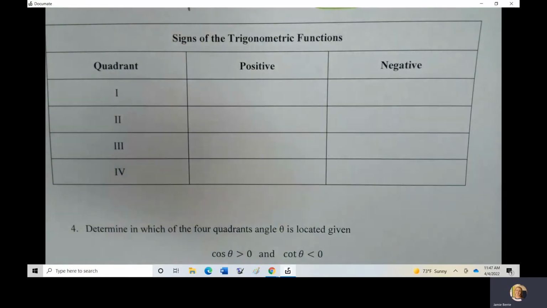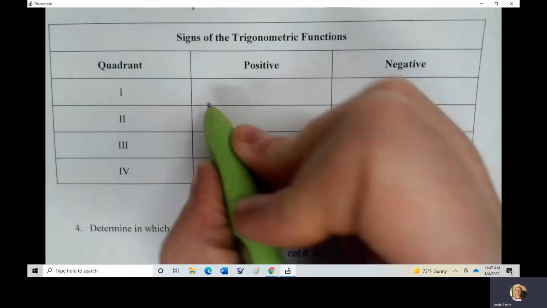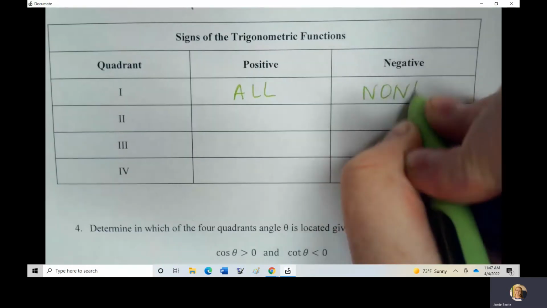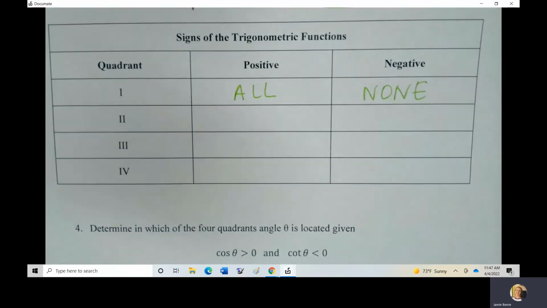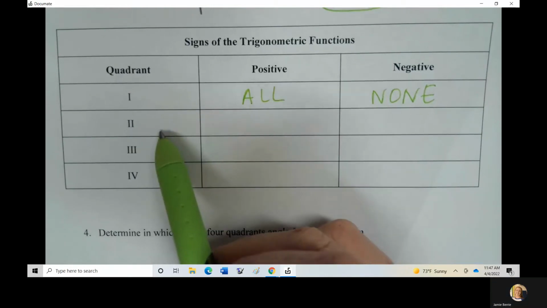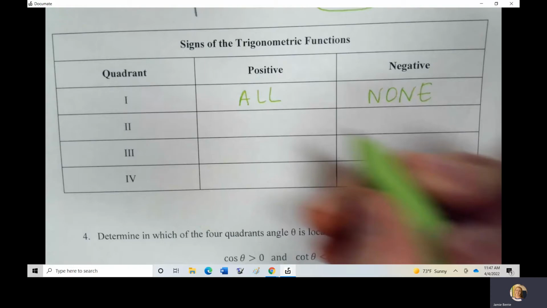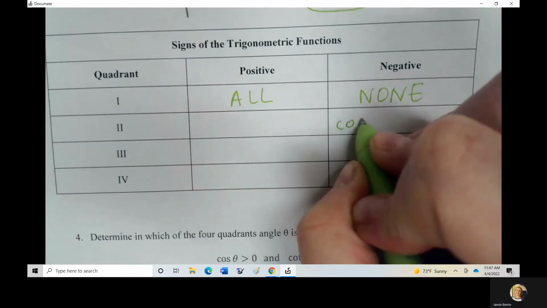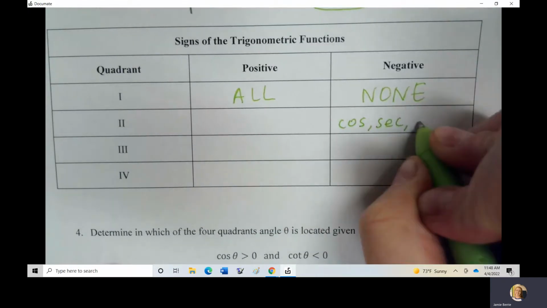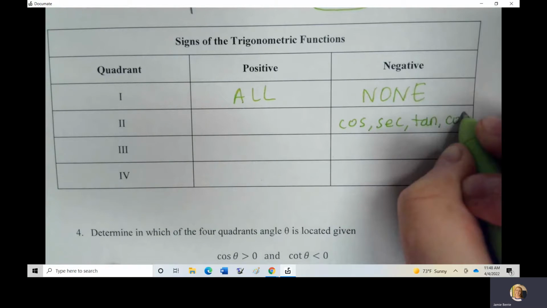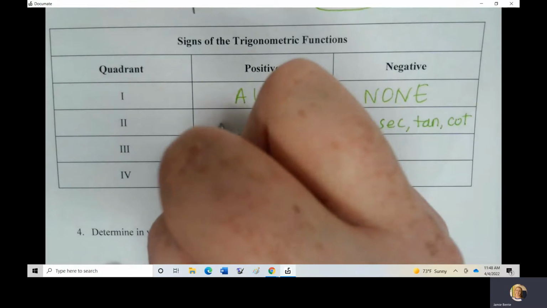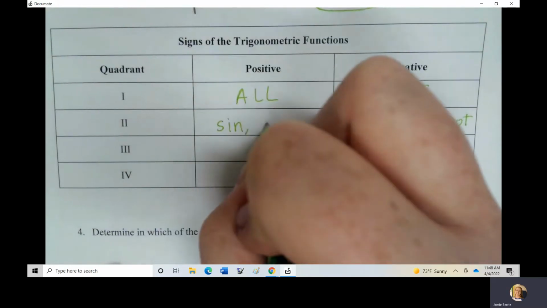It says signs of the trig functions. In quadrant 1, all of the trig functions are positive and none of the trig functions are negative. Right? In quadrant 2, let's see, cosine is negative, which means secant is also negative, tangent is negative, and cotangent is also negative. So that leaves the two that are positive, sine and cosecant.